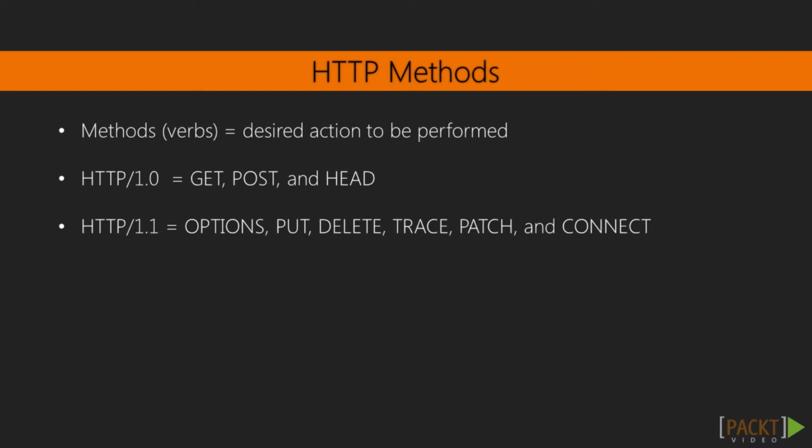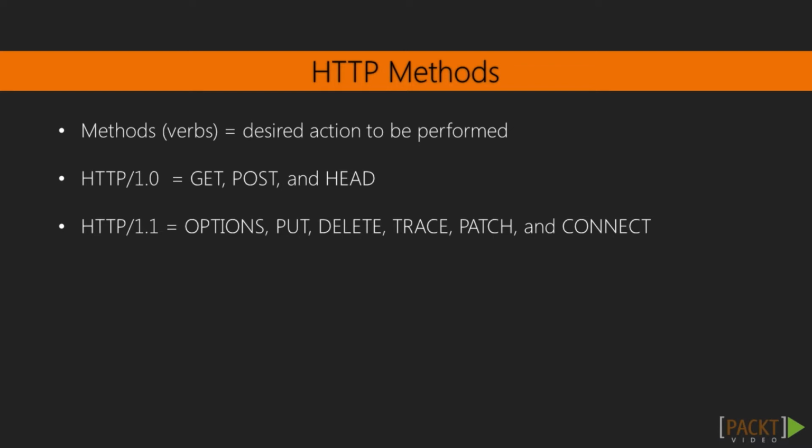TRACE echoes the received request so that the client can see what changes or additions have been made by intermediate servers. CONNECT establishes a tunnel to the server identified by a given URI, used by HTTPS. PATCH applies partial modifications to a resource.